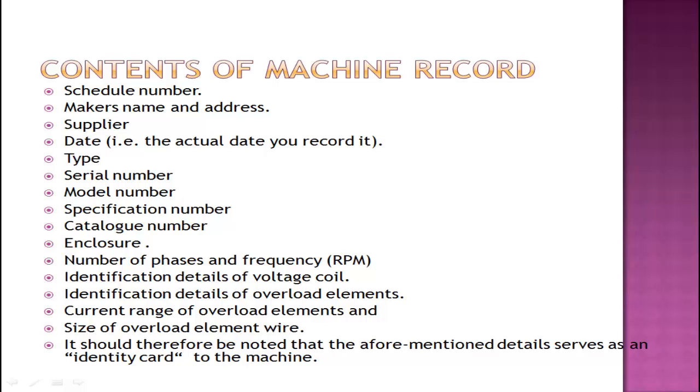We're also going to record information about the number of phases of this machine, as well as the frequency. Then identification details of the voltage coil, identification details of the overload elements, the current rating of the overload elements, and the size of the overload elements must all be entered into the record card. It is this information that gives the machine what is commonly tagged as the identity card of this particular machine.